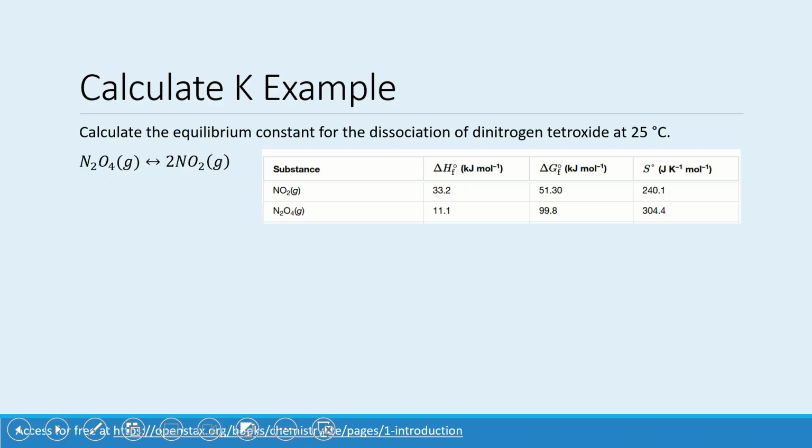Okay, so this should be our last example for this topic. Calculate the equilibrium constant for the dissociation of dinitrogen tetraoxide at 25 degrees Celsius.